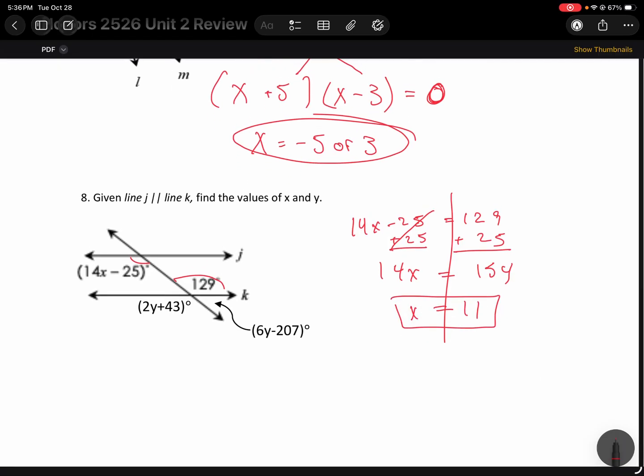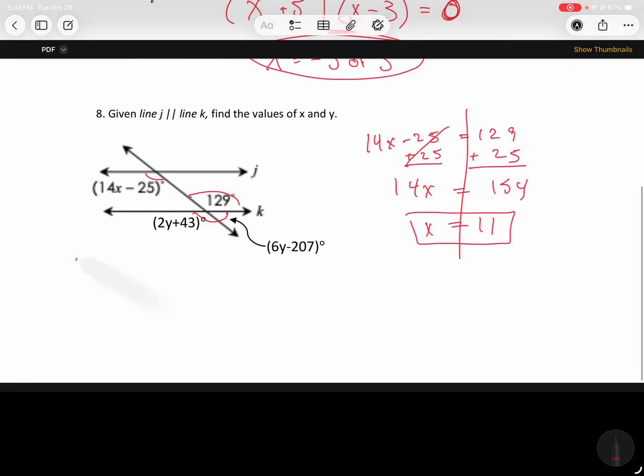And then from there, these two angles are supplementary. So if I add 2y plus 43 plus 6y minus 207, it should be equal to 180.